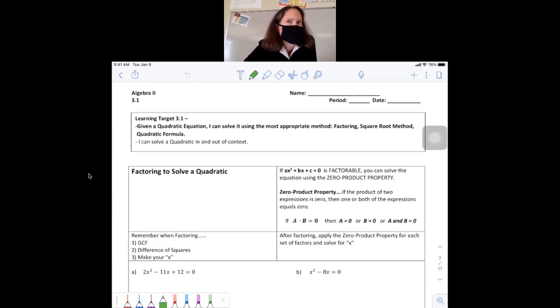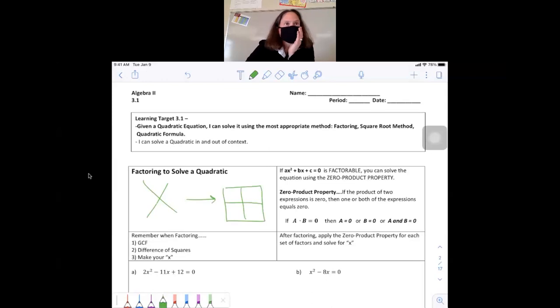So, how did we factor a quadratic equation? If I had like x squared plus 4x plus 8, how did we factor that? Anybody remember? Oh, wait, no, you're thinking of the opposite. That was going from factored form to standard form, where you would do first, outside, inside, last.